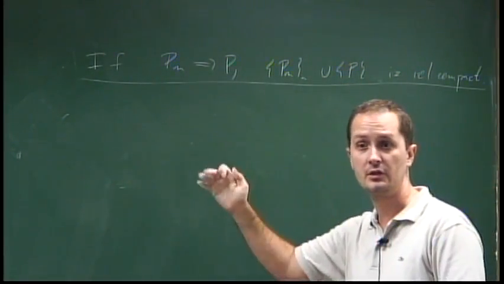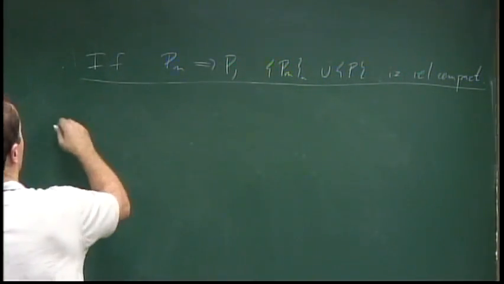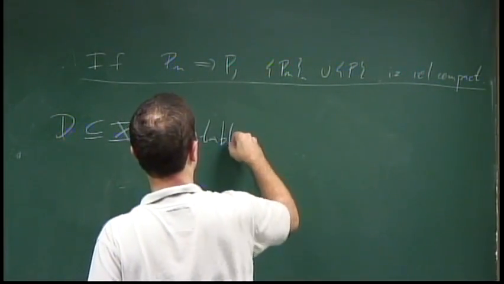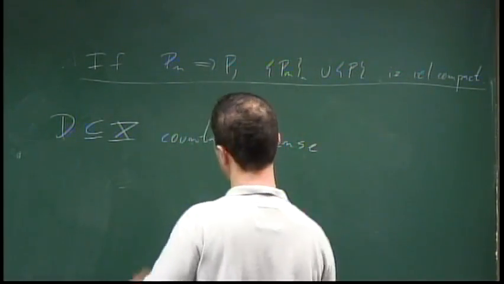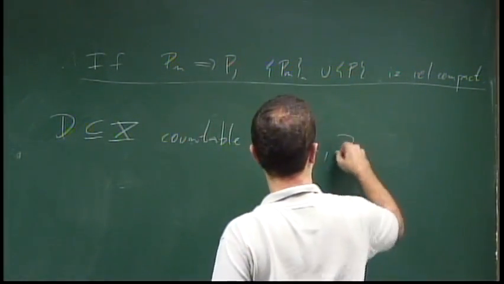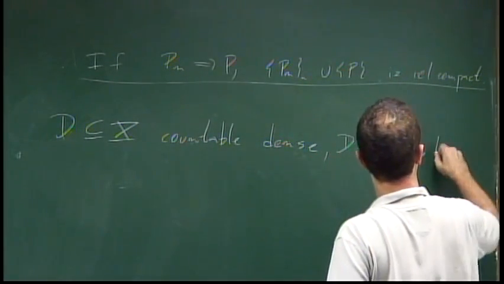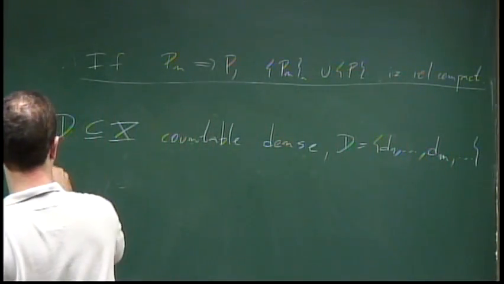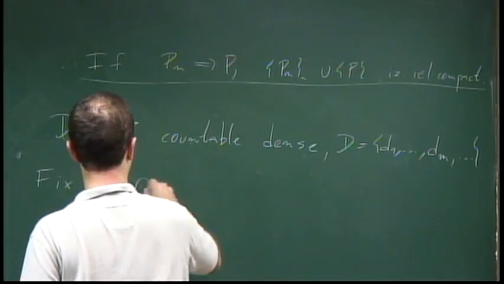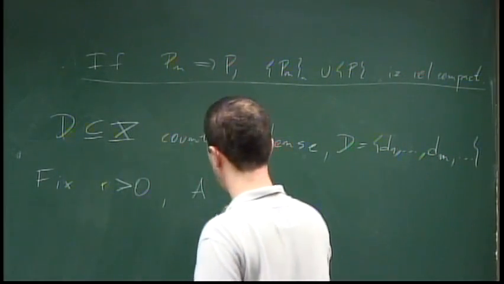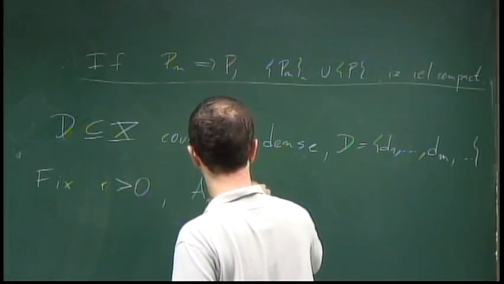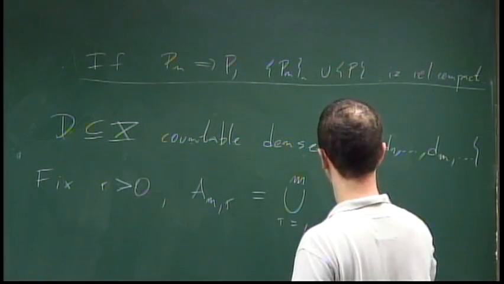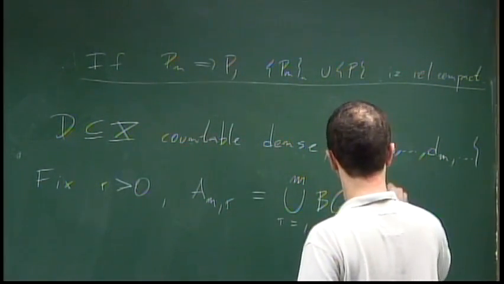We did this construction taking open balls. So we need to take a countable dense subset, say D equals {x_1, ..., x_m, ...}. Fix R greater than 0 and define A_{M,R} to be the union of the first M balls of radius R centered around these points.